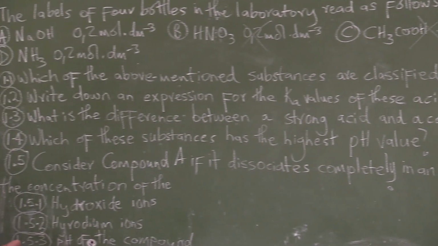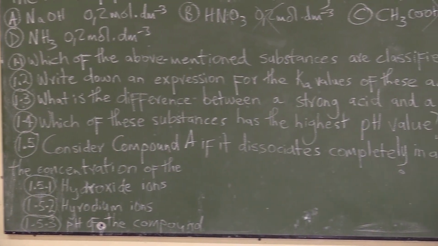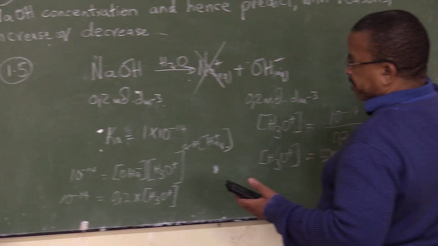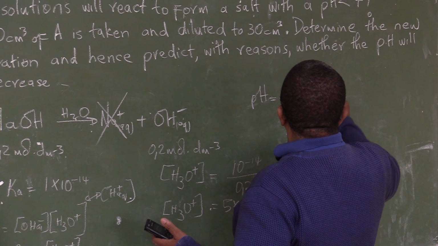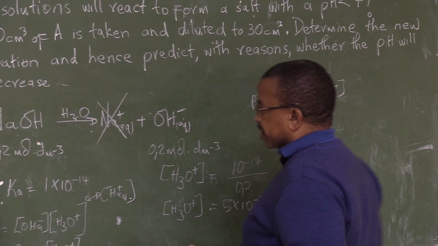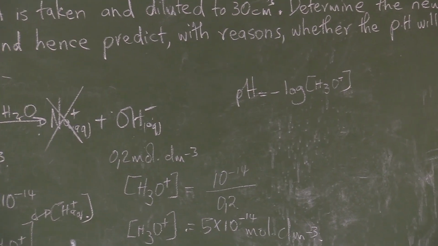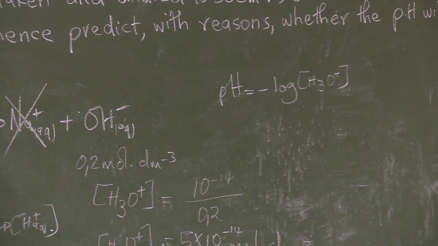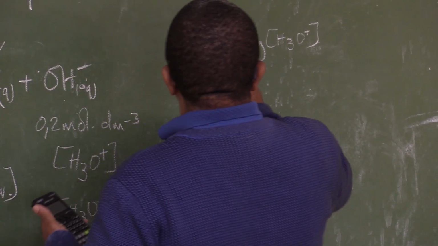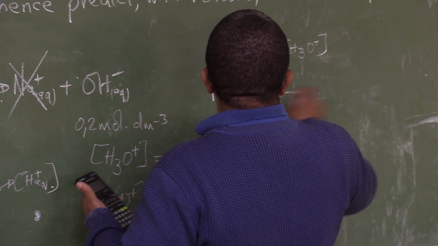The pH of the compound. What is the pH of the compound? The pH is minus log the concentration of H3O plus. So the pH is 13.30.